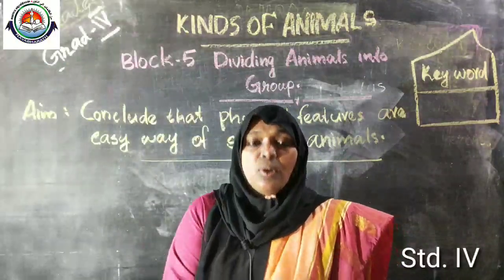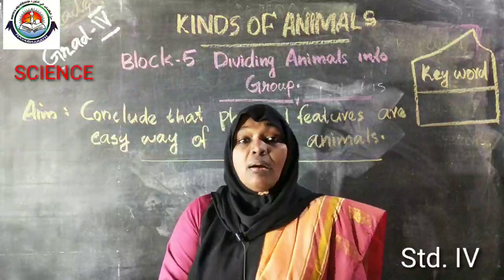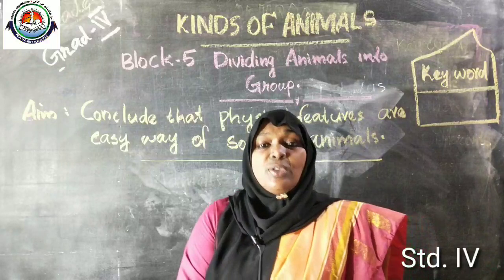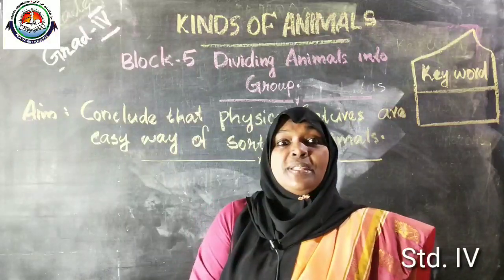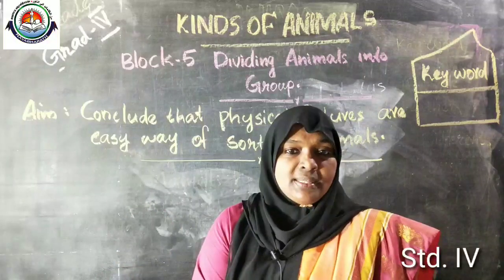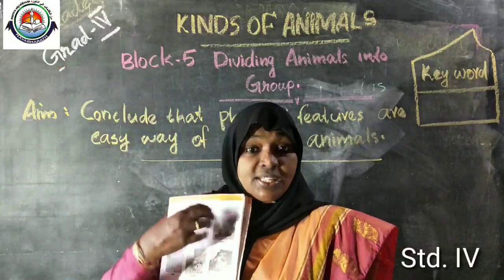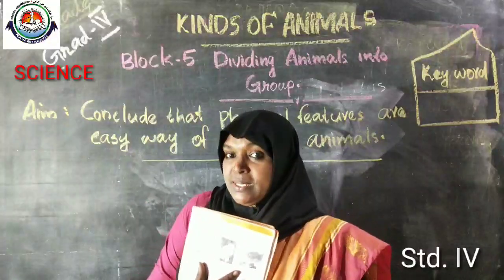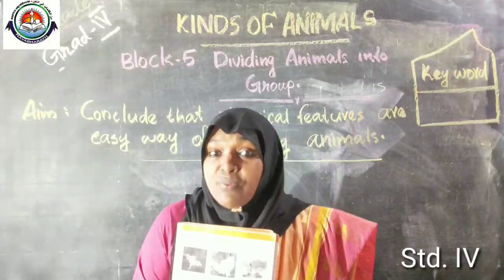Okay, all of you take your workbook and open the last page of your workbook. There you have to see a resource sheet with the pictures of many animals. Look here, the resource sheet. Take 3 animals from this picture and paste them in your A4 sheet.